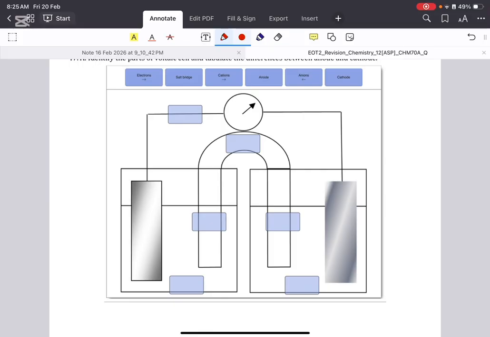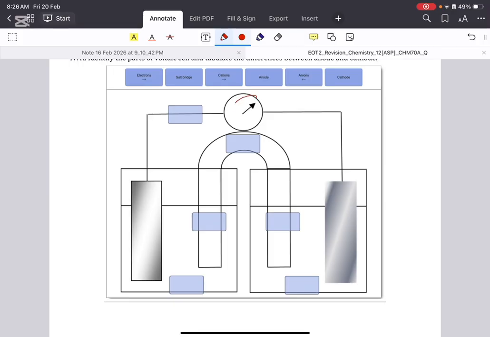You will definitely get something like that in the exam, a cell to annotate or to indicate, for example, the direction of the ions in the salt bridge, or anything. It could be similar to this.